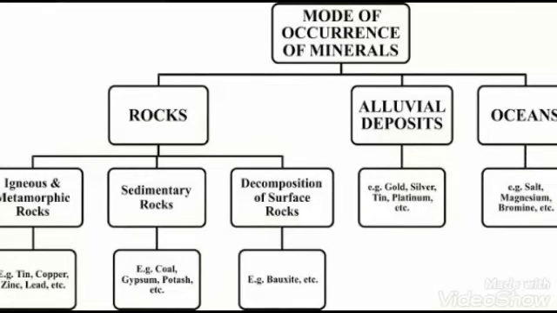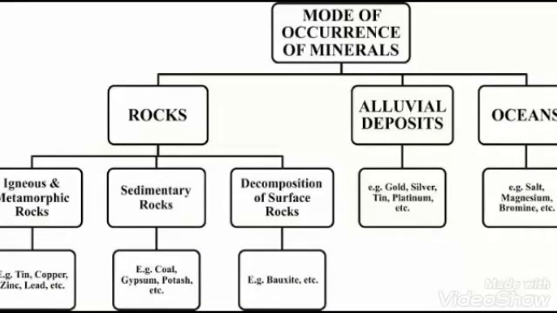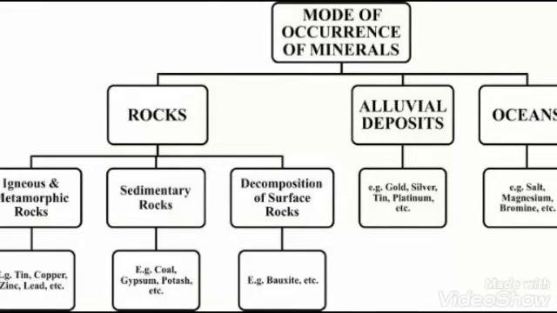Children, do you know minerals are usually found in ores. The term ore is used to describe an accumulation of minerals mixed with other elements. And these minerals have been formed in different ways.